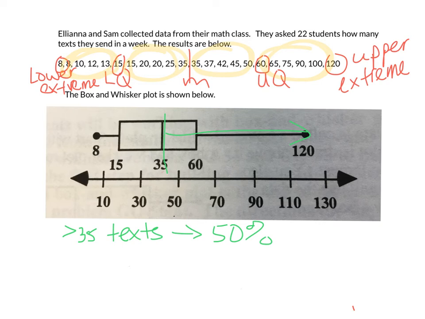Or you might get one like, how many students had greater than 60 texts? In that case, it would be 25%, because it's just the upper whisker, and that's only a quarter of the box plot, so that is 25%.